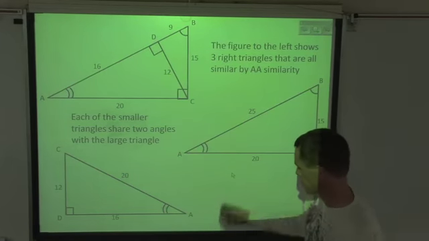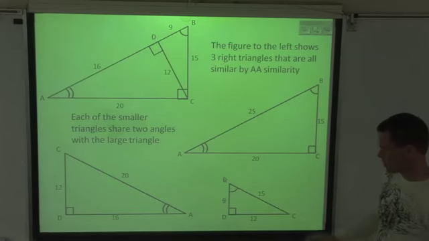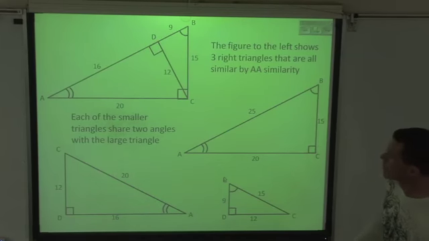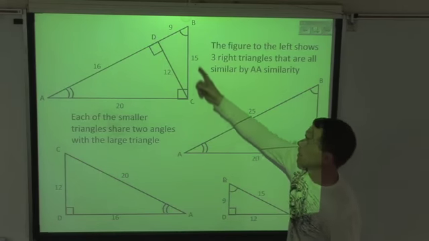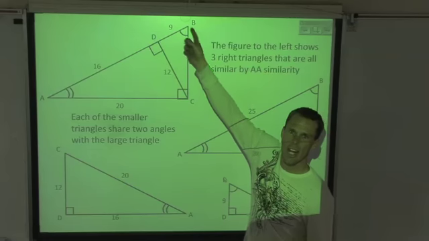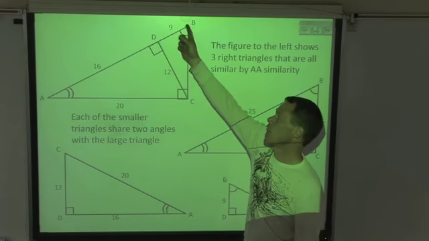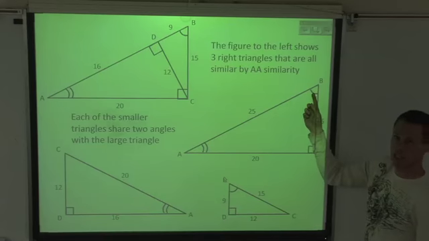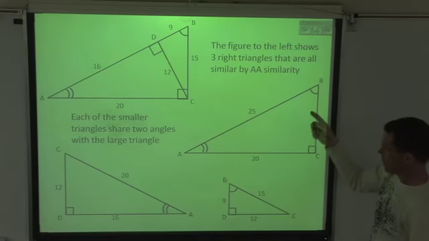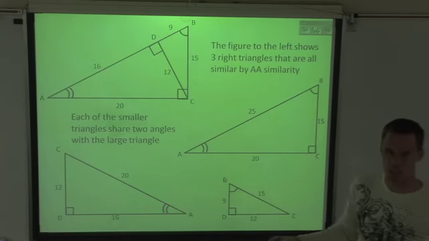Angle similarity. The small triangle, this is point B right here, unfortunately covered by the arrow. So we have 9, 12, 15. Both the large triangle and the small triangle share these 2 angles. Shared right angle. They have angle similarity.